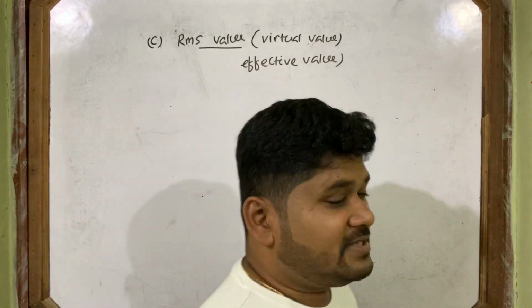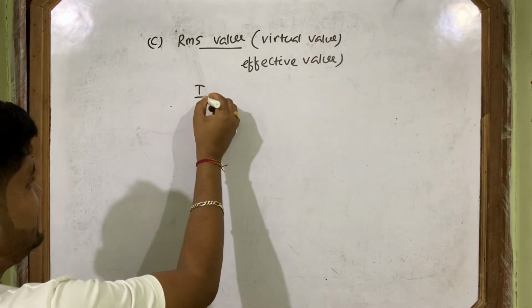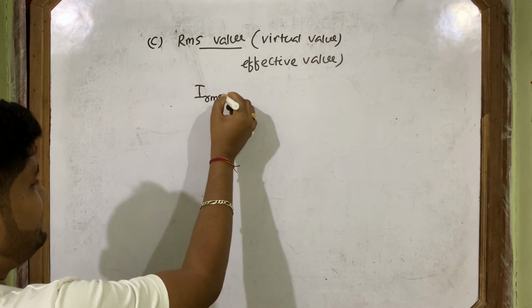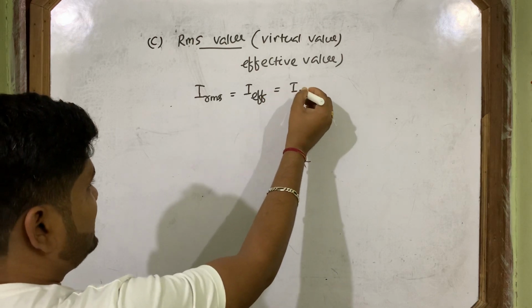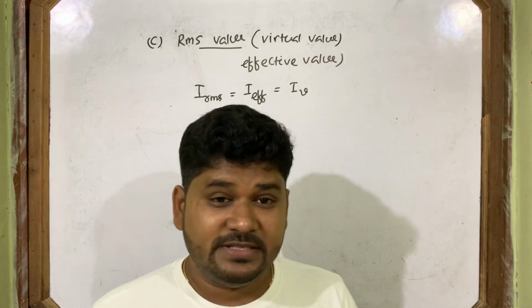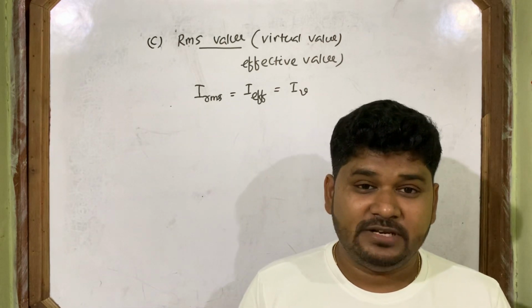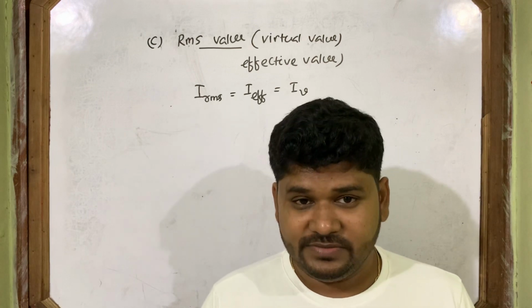It has 3 different names. Symbols you can write like this: I RMS, or I effective, or I virtual. 3 names and 3 symbols you can write for this RMS value of alternating current or alternating voltage.